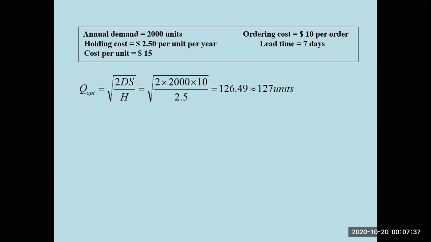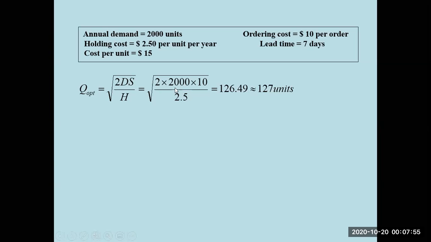Using that formula, square root of 2D, uppercase D is annual demand, times order cost, divided by H, the holding cost.